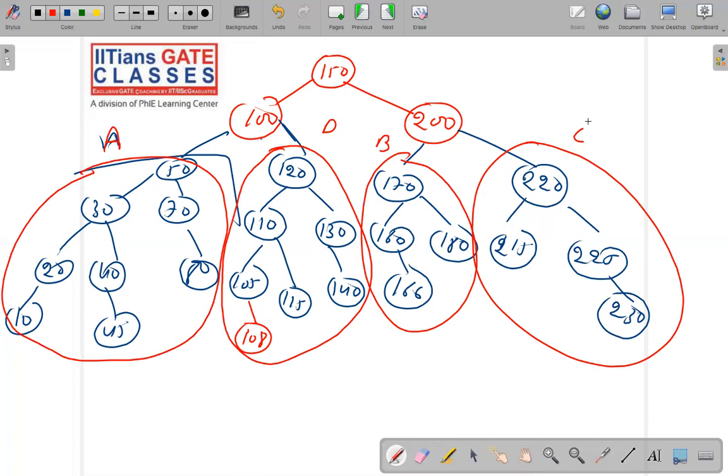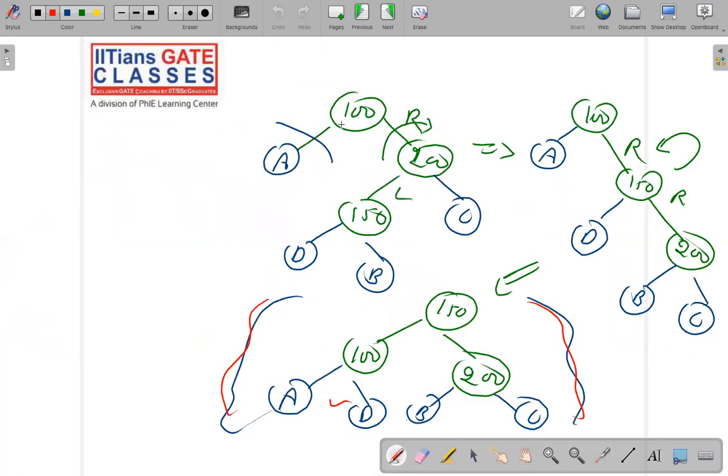And it is easier if you identify the three nodes which will be part of the rotation, and the rest of the nodes you can make as subtrees and label them. See how easy it is.